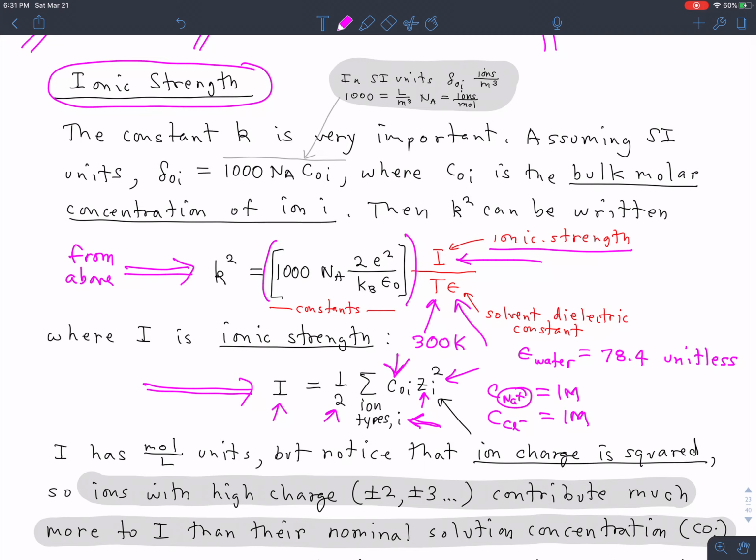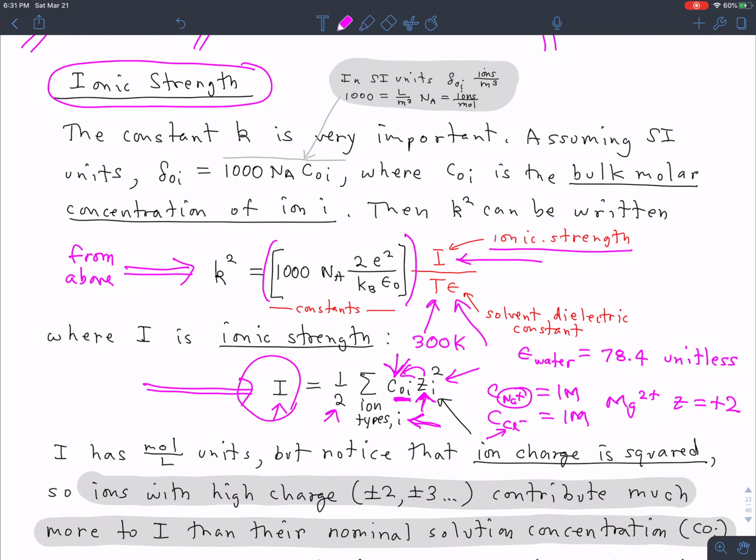If it's sodium, where the charge Z is +1, squaring it just gives you a 1, and this is just the concentration left alone. If it's chloride, same thing. It's -1 now, but you're squaring it so it becomes +1 again, and again it's just the concentration of chloride. But if it's something like a magnesium 2+ ion, then Z is equal to +2, and this becomes a 4. It multiplies its effective concentration by 4.